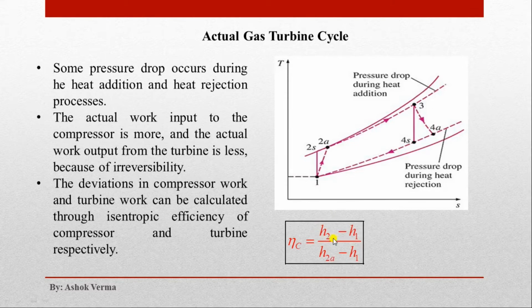Isentropic work done will be H2S minus H1 upon H2A minus H1, and isentropic efficiency of the turbine will be the actual work output upon the isentropic work output. So H3 minus H4A upon H3 minus H4S. With the help of this equation, you can calculate the reduction in the work output and increase in the work input.